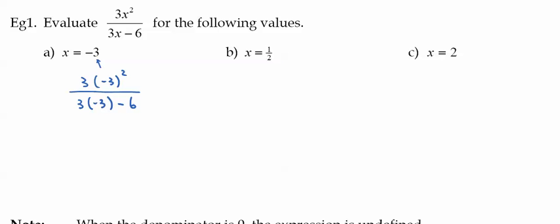Plug it in, work it out. When we square a negative number, it becomes positive. -3 times -3 will give us positive 9. 3 times -3 gives us -9. And as you continue to work it out, we end up with 27 divided by -15.